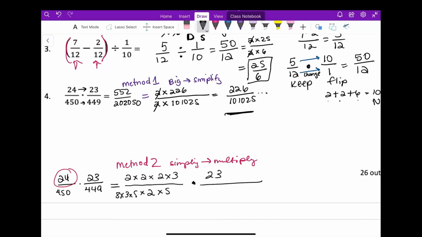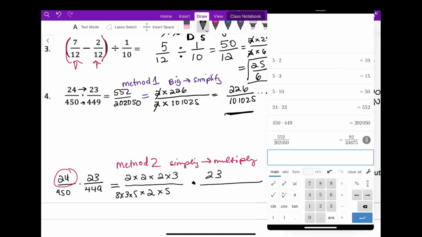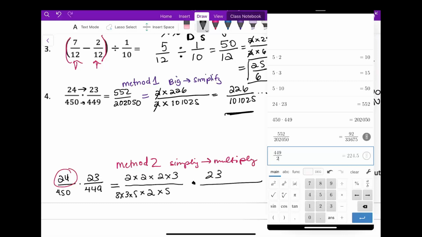If you cannot think of a number that multiplies to make 449 because it's such a large number, we can take your calculator, and we're going to look for a number that divides nicely into this number. Let me help you get started. So you're going to divide by 2. If you notice, it gives you a decimal, so that's not a good number.